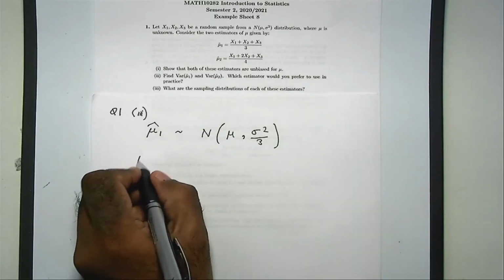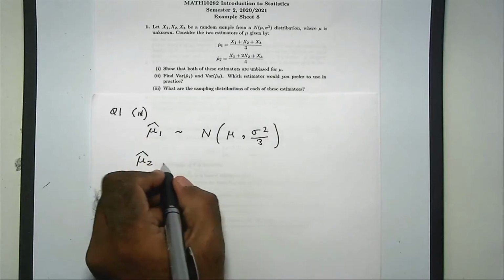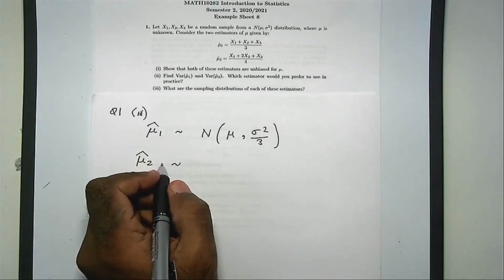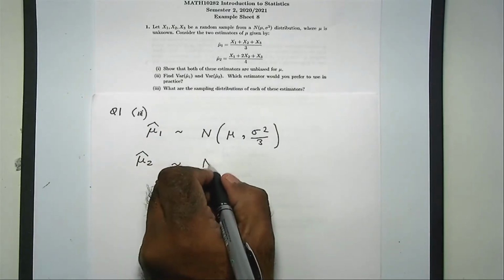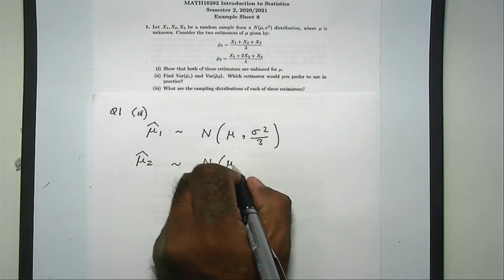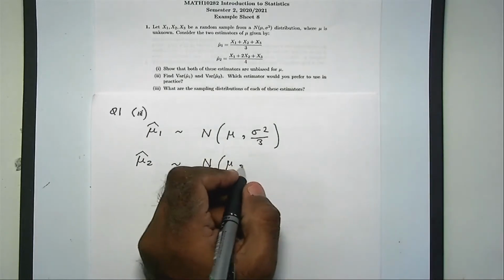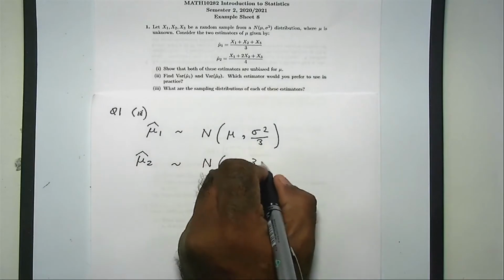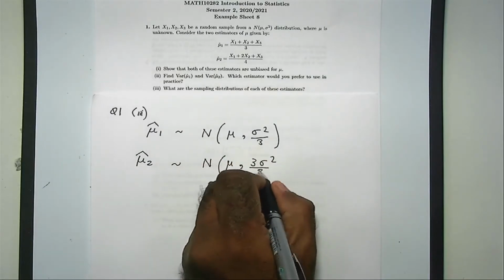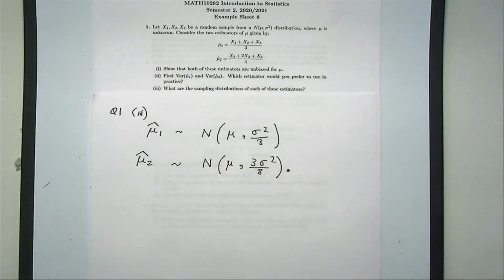And mu2 hat, which is again a linear combination of independent normal variables, is normally distributed with mean mu, and variance we just worked out is 3 sigma squared by 8. Okay, so that completes question 1.